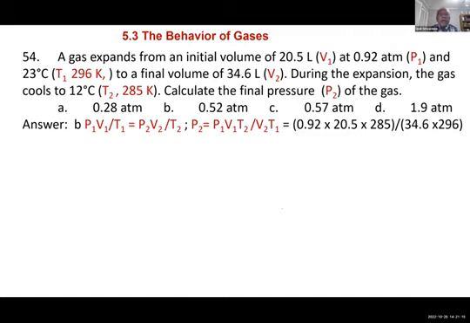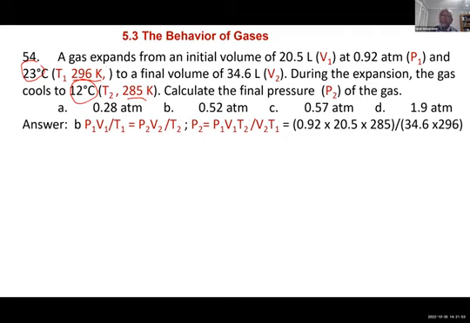Okay, a gas expands from initial volume to final volume, final pressure P2. That's a combined gas law. So again, the temperatures need to be converted, T1 and T2 need to be converted to Kelvin, where I did it here, adding 273.